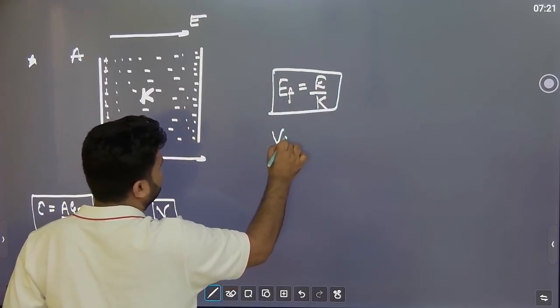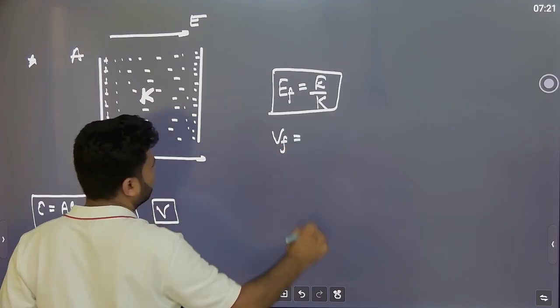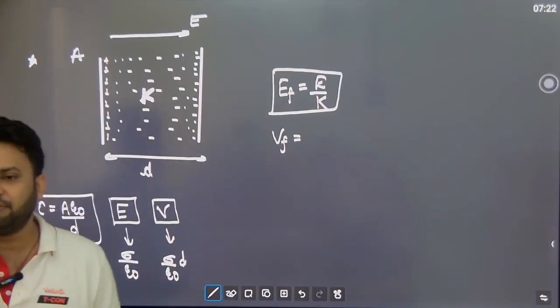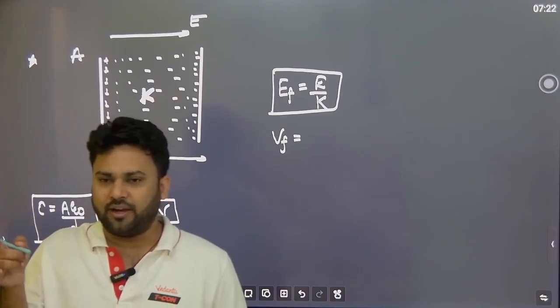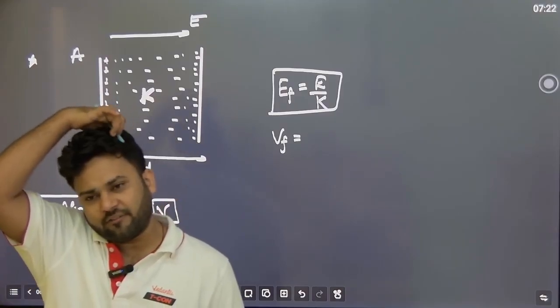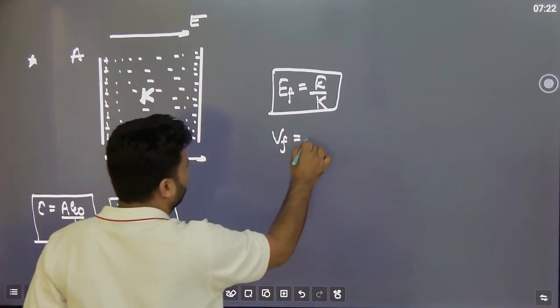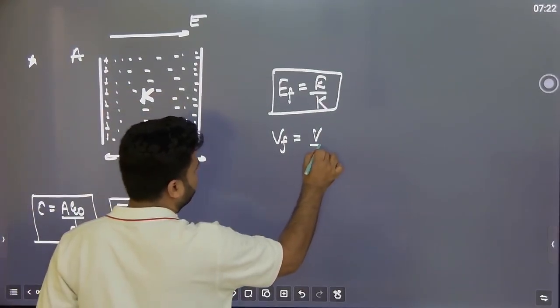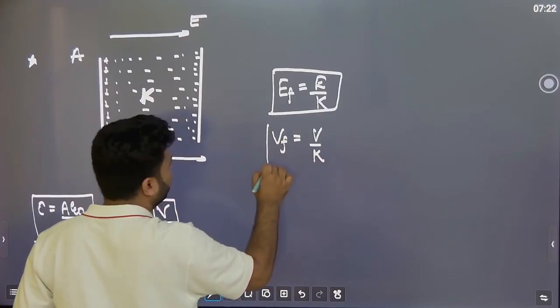Similarly, the final voltage: since voltage depends upon electric field, and the electric field is reducing by a factor of K, the voltage will also reduce by a factor of K. If the initial voltage was V, it becomes V by K.